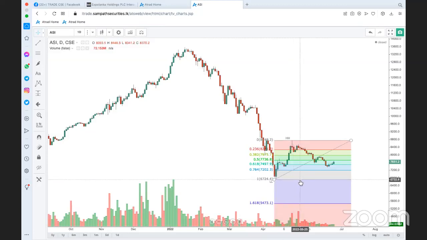If by any chance it falls below this, then of course we can use the same retracement lines that we have drawn to see where the support levels are, right? But the moment, I've always been telling, the moment the 50% level of this distance is broken on closing basis, right, we turn it the other way around.